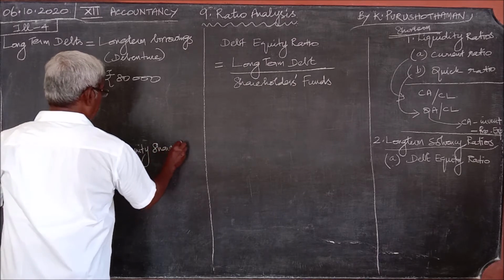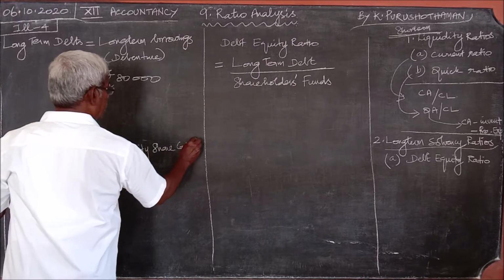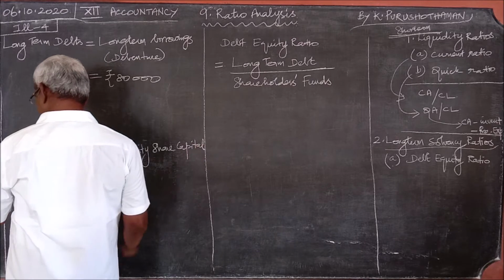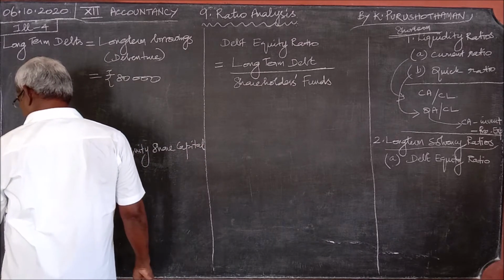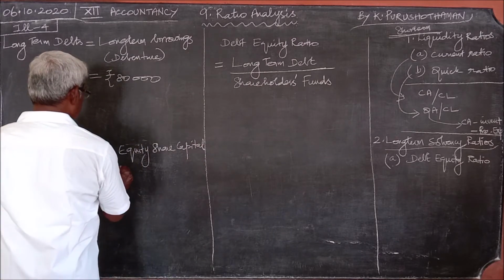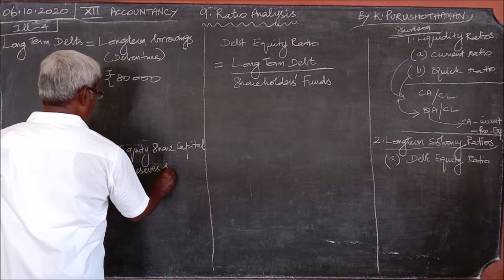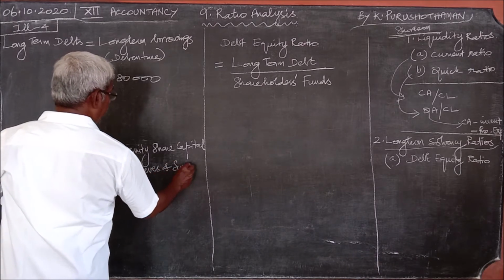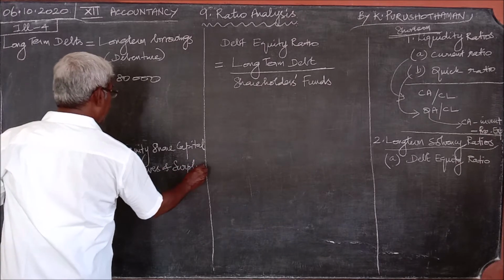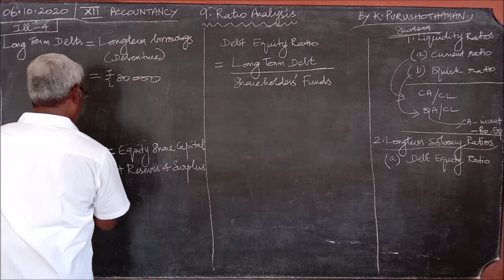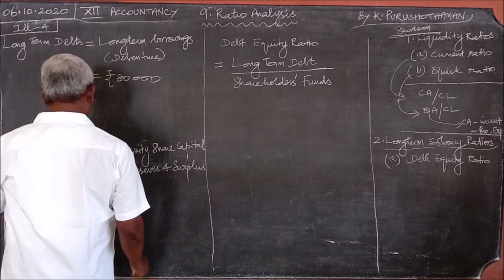No preference shares given. Then reserves and surplus. So what is the amount of equity share capital? 1 lakh.